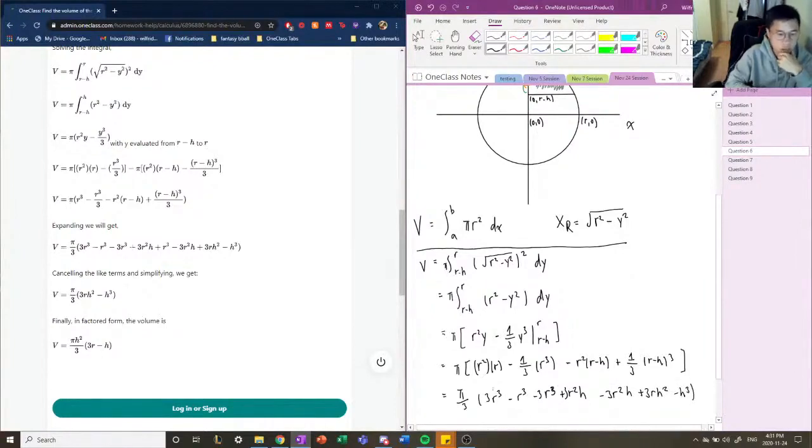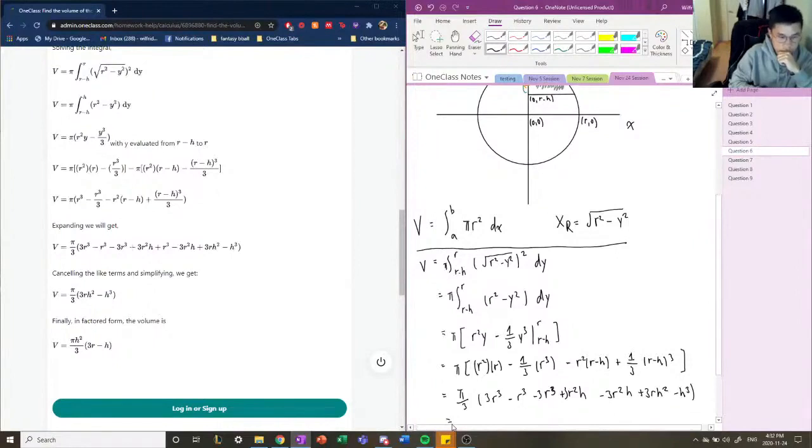Let me just see if this is correct here. 3r cubed minus r cubed minus 3r cubed plus 3r squared h minus 3r squared h plus 3rh squared minus h cubed. Okay, I think I got it all there.